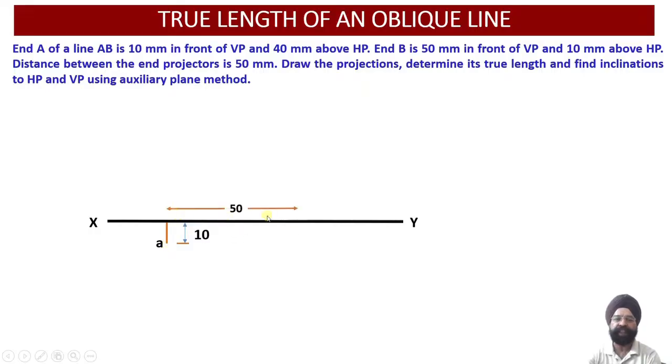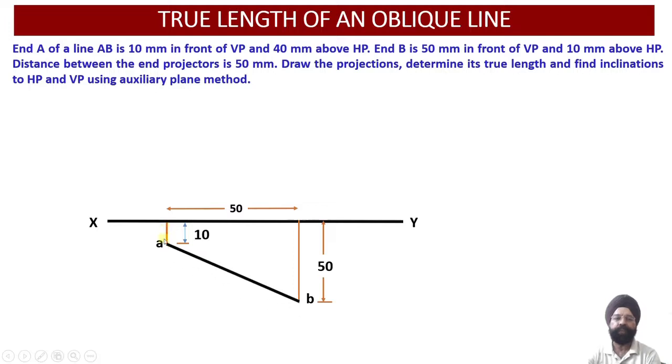The end projectors of ends A and B are 50 millimeter apart, and the top view of the end B lies 50 millimeter in front of VP. So the end B we have drawn 50 millimeter below the XY line.